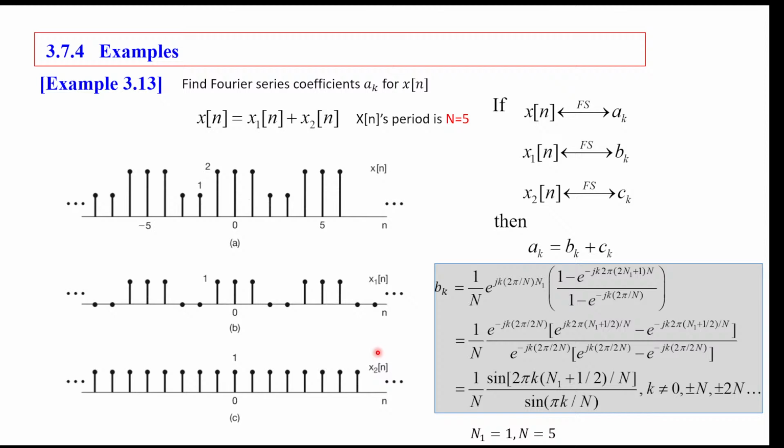So big N is 5, and big N1 is this number here, so this is minus N1 to plus N1.